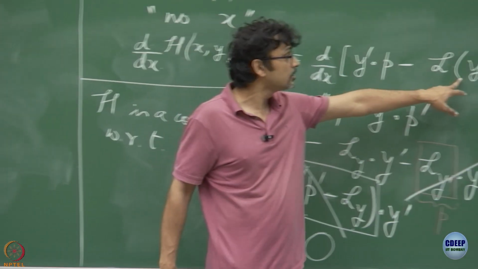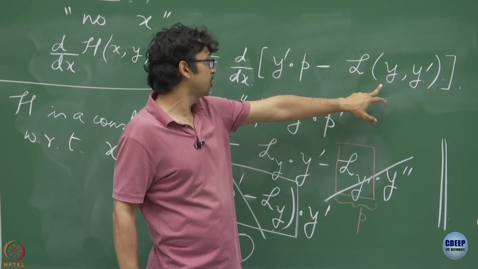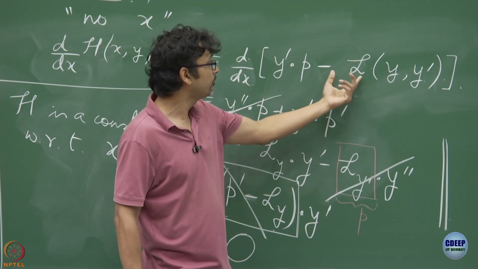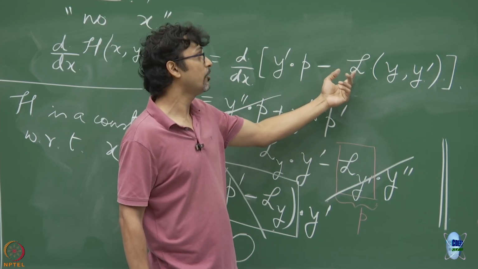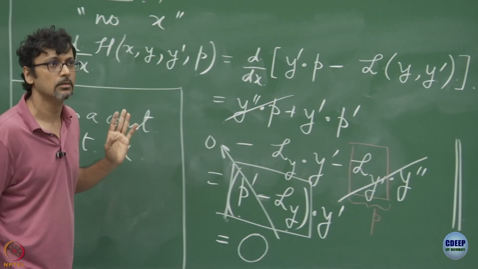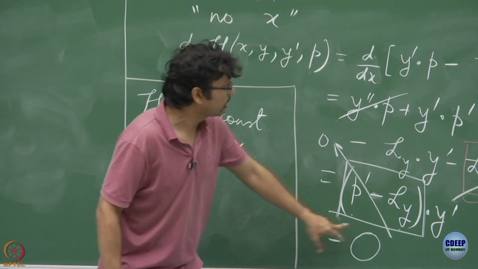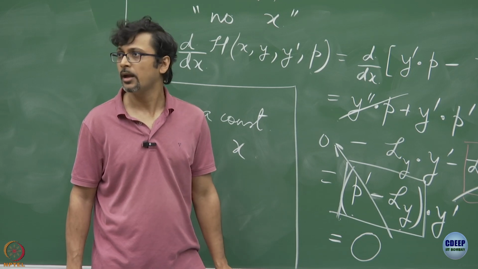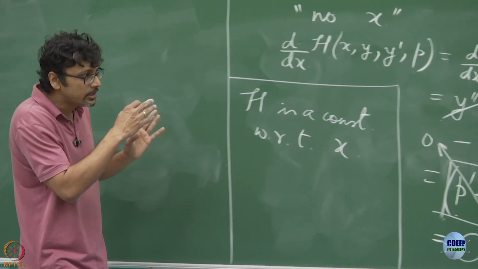In the fact that this term did not have an explicit x dependency. If it did, then you would have had to have the partial of L with respect to x as well. That's the only term that is missing here. Otherwise, the rest of it is just 0. So you must understand at which point it is playing a role.